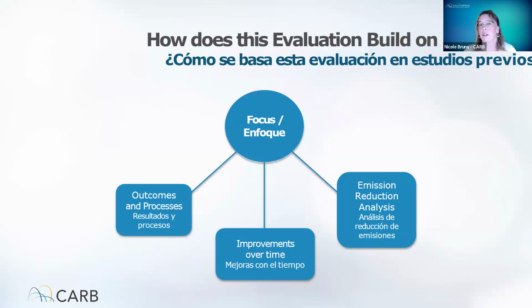So how does this differ from past evaluations? It's going to be CARB-led, led by the California Air Resources Board. The focus is going to be on the initial year selected communities' progress over the last 5 years.